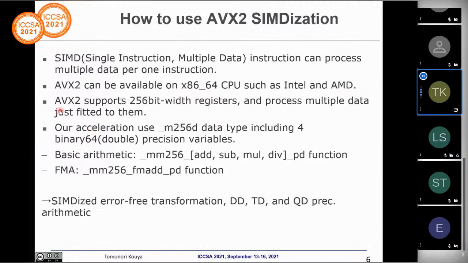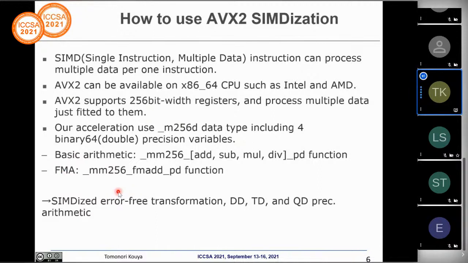AVX2 supports 256-bit width registers, the M256D data type, which can include 4 binary64 precision variables. On these data types, we can use basic arithmetic: addition, subtraction, multiplication, and division. We can also use the FMA function.